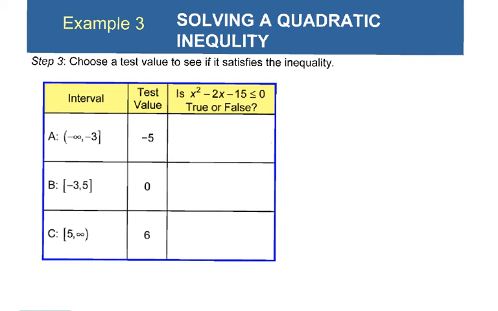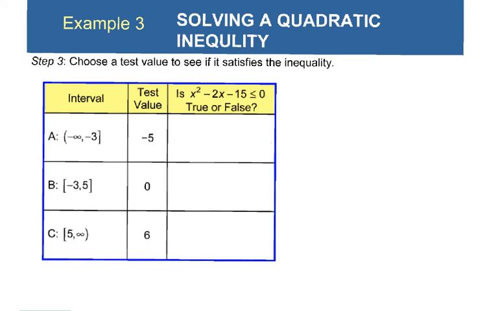So here are all of my intervals that I just told you about on the previous page. And what we're going to do is see which one of these intervals are actually the ones that satisfy our inequality, okay? In order to do that, we're going to use test values. And see this interval right here?